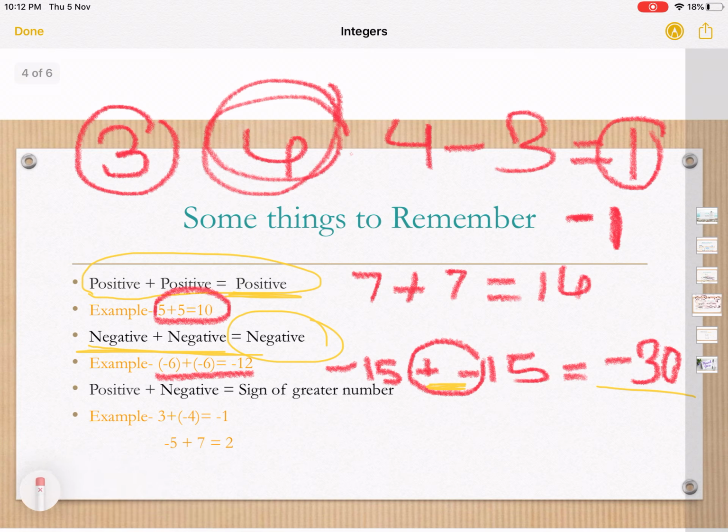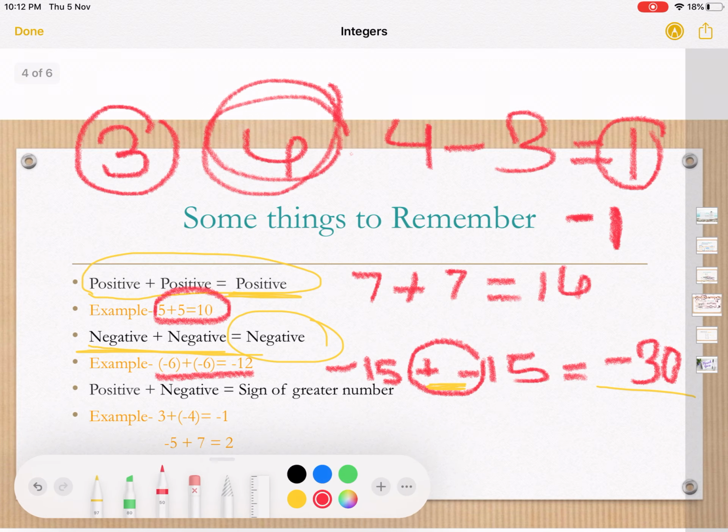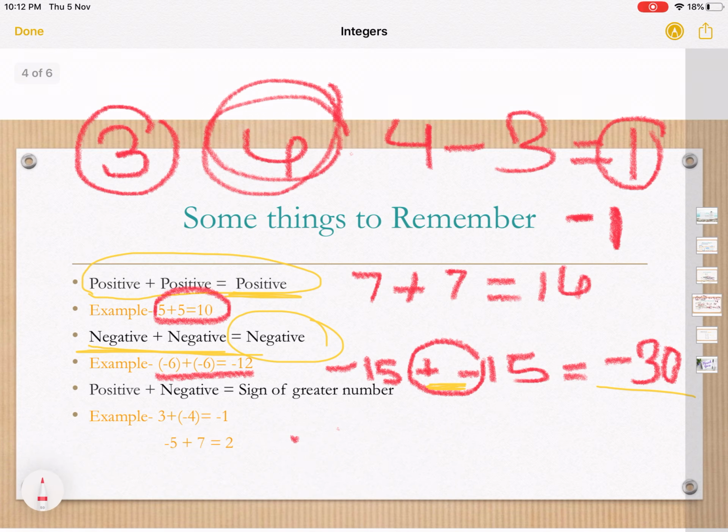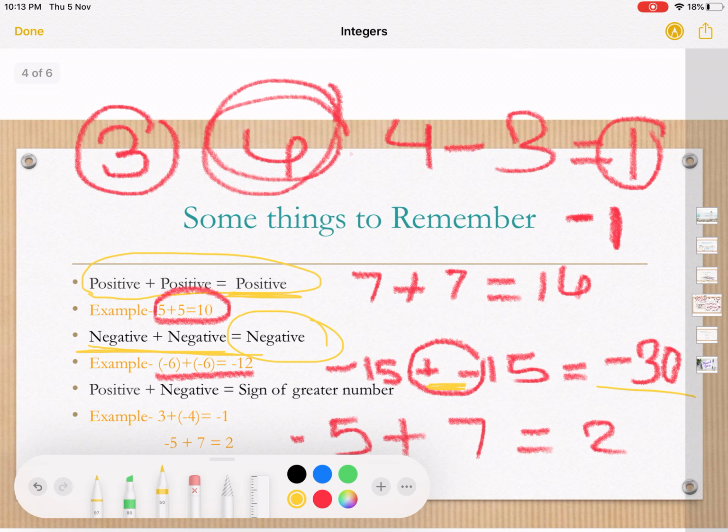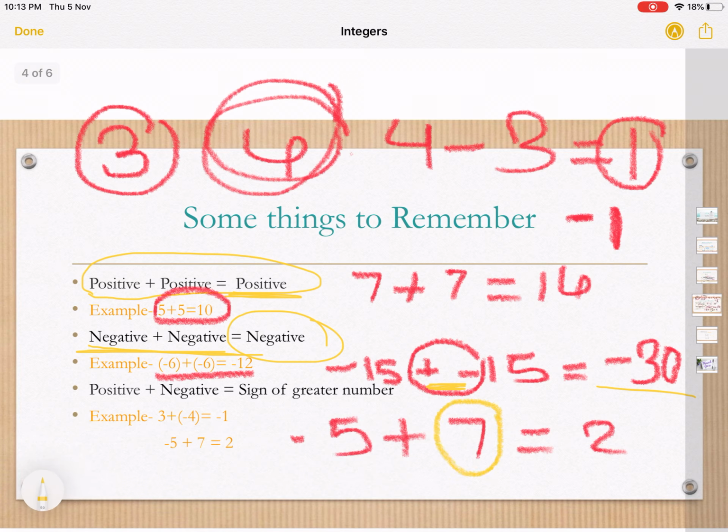Alright, now let's take the second example, which is -5 plus 7 is equal to 2. Now here the bigger number is 7, and what we have to do is subtract our smaller number, of course without the sign, from this bigger number, which will give us 7 minus 5 is equal to 2.